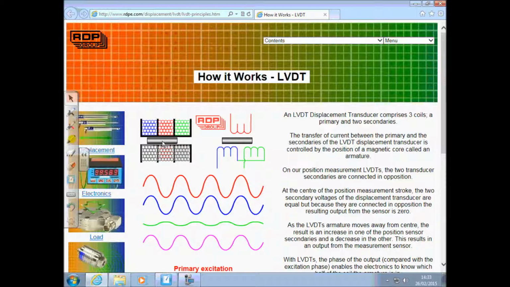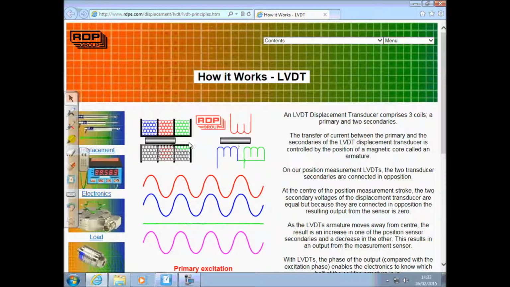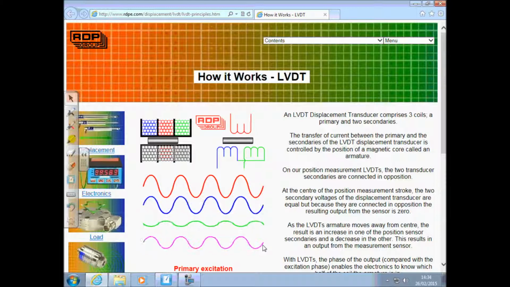And therefore the output is close to the blue one. And you go the other way, the output is doing it perfect there. You get the idea that as that position moves, you get a phase change as well as an amplitude change, and you use that to detect position.